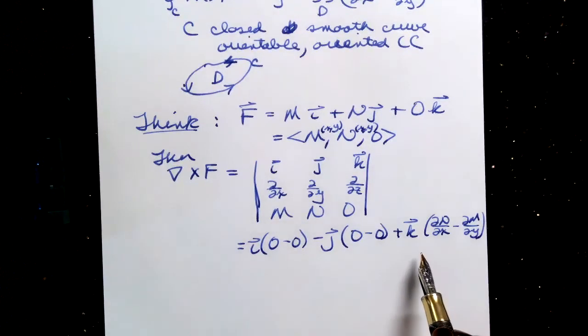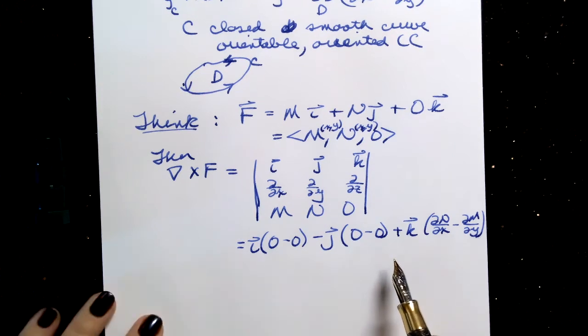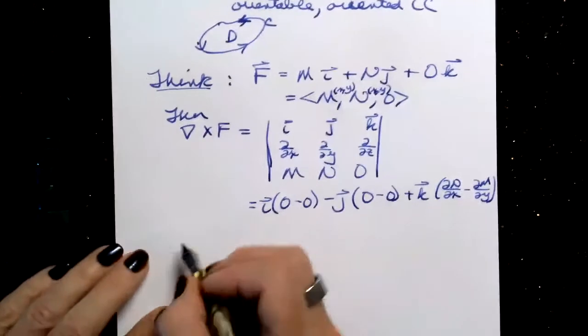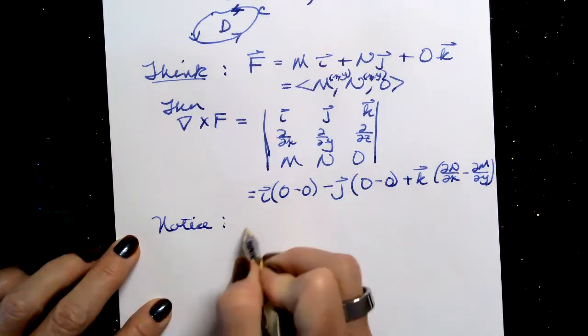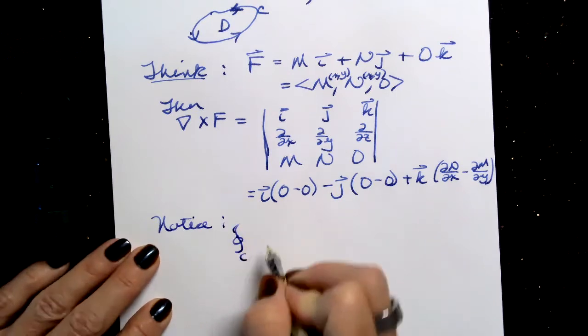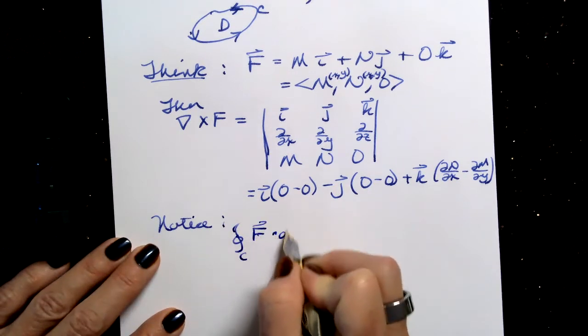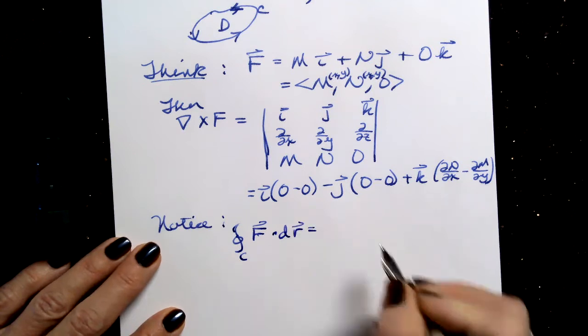All right. And now, by the way, notice when you write the line integral over C of F dot dr, what does that mean?